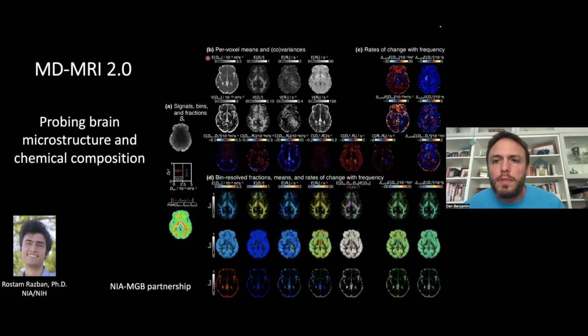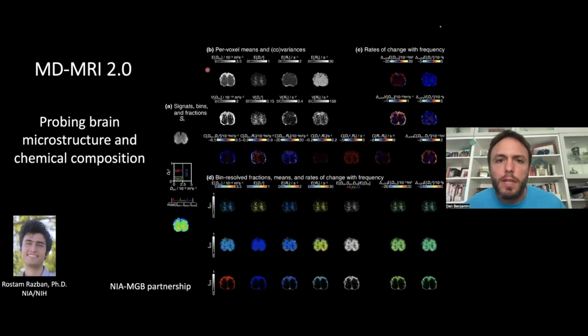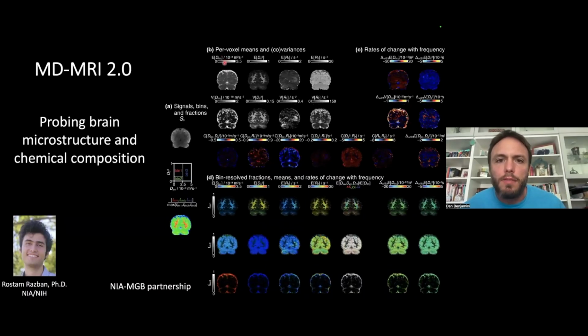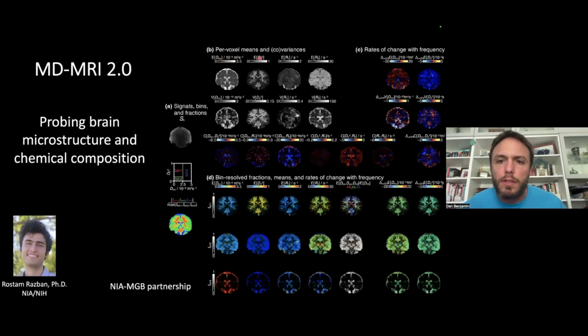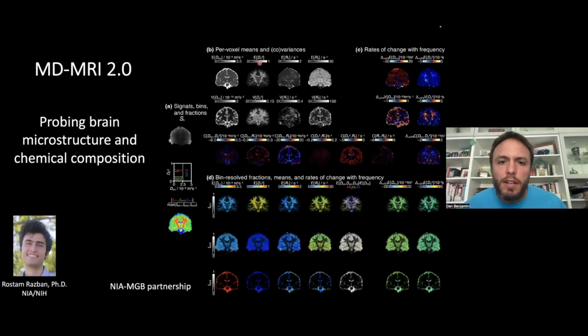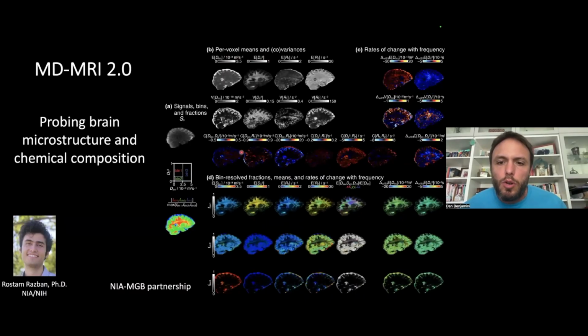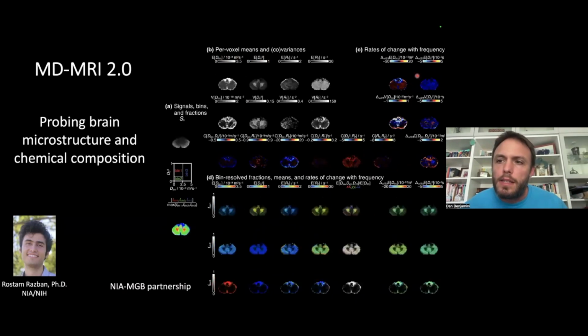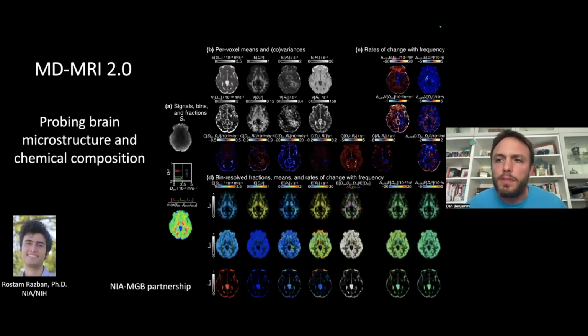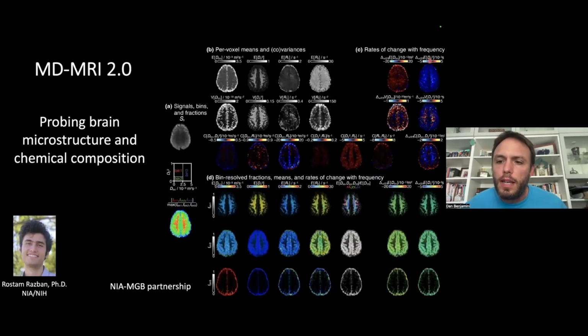These are the first order statistics, just the mean parameters in dimensions of the isotropic diffusivity, microscopic anisotropy, R1 and R2. We can obtain variances of these parameters, covariance of these parameters. Here we see the frequency dependency of the isotropic diffusivity and the anisotropy.